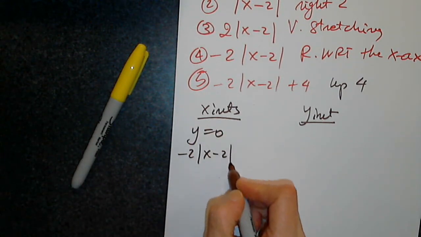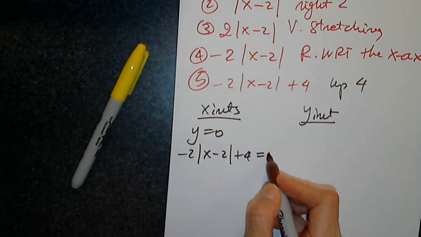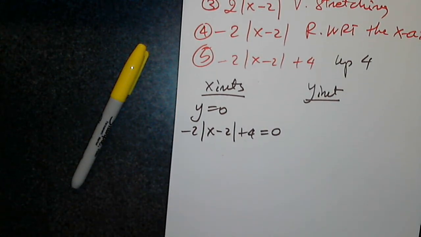-2 absolute value of x minus 2 plus 4 equals 0. What do I do now? What type of equation is this? Before you answer, you don't have to read it out loud.